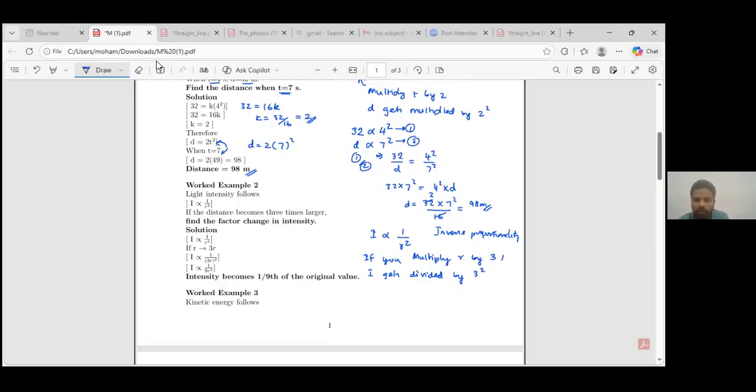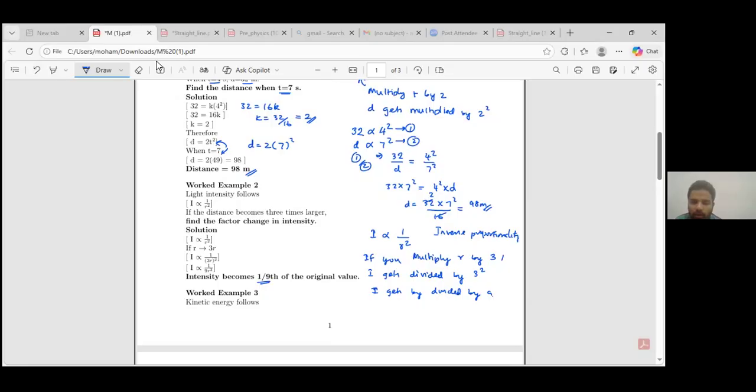So I gets divided by 9. So you can say the intensity becomes one ninth of the original value.